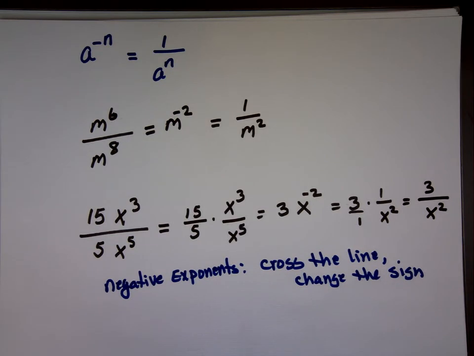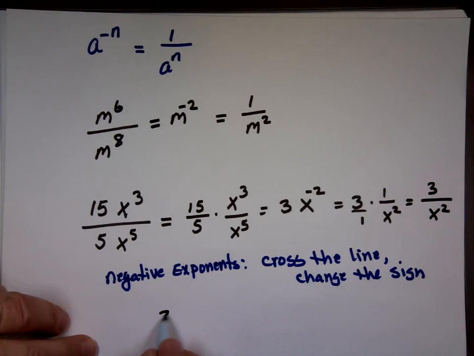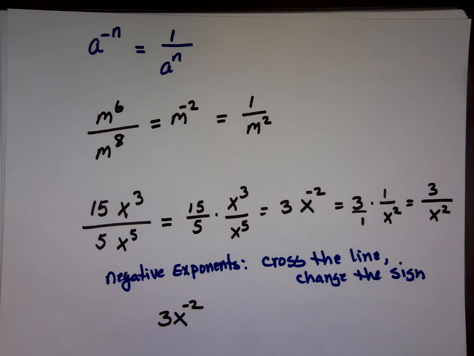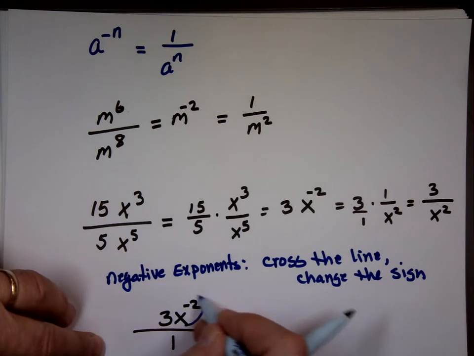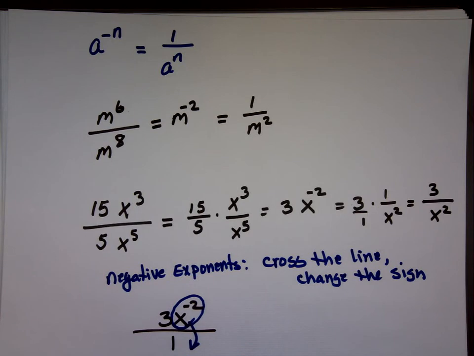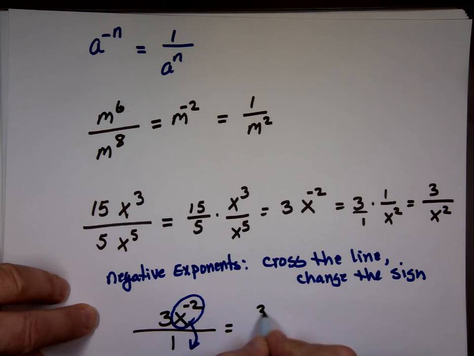Let me take that answer, 3x to the minus 2. I make it over 1. It's a fraction. Anytime I have a negative exponent, if it's on the top, I'm going to move it to the bottom. If it's on the bottom, I'm going to bring it to the top. When you cross that line, what are you supposed to do? Change the sign of the exponent, so it becomes 3 over x squared.